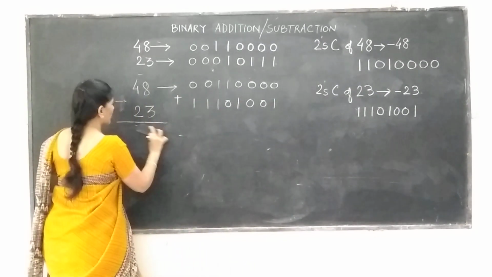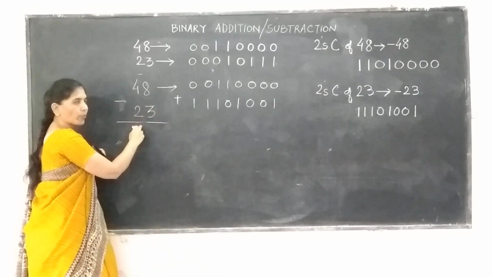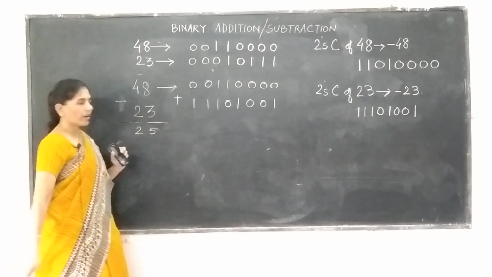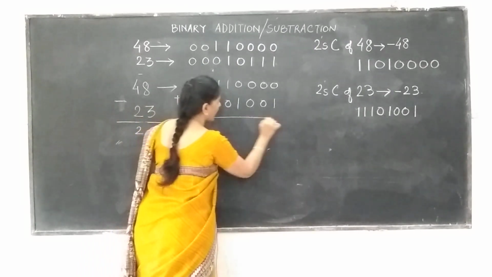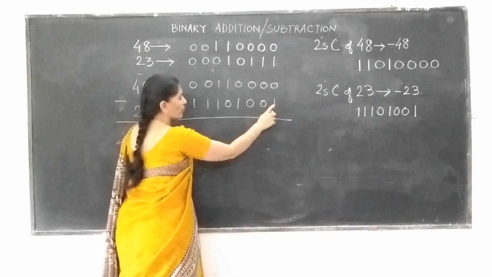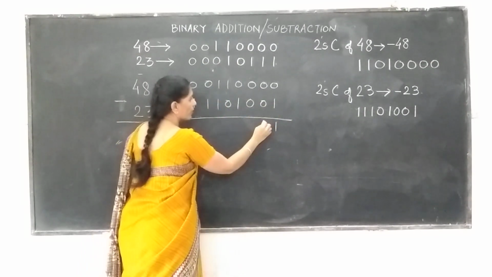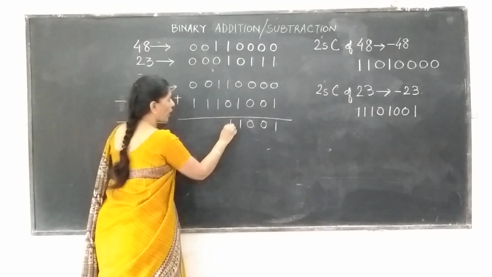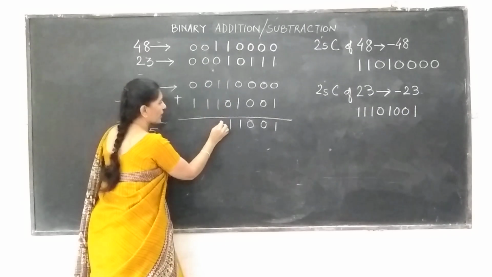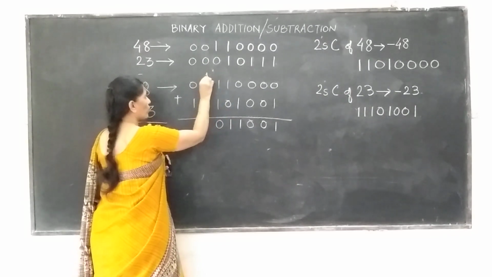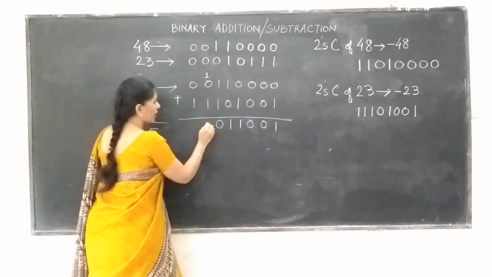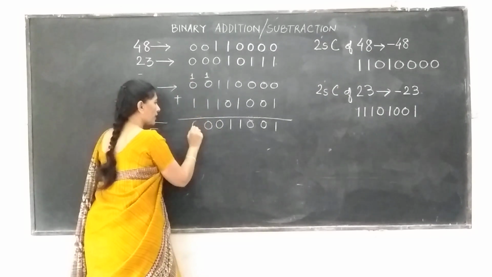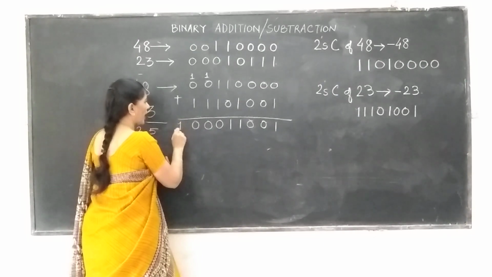Now the answer which is expected from 48 minus 23 is a plus 25, right. So let us do this particular addition. So 0 plus 1 is a 1, 0 plus 0 is 0, then a 0, 1 plus 1, 1 plus 1 is a 0 with a carry over here, 1 plus 1 is again a 0 and a carry, 1 plus 1 is again a 0 and a carry.